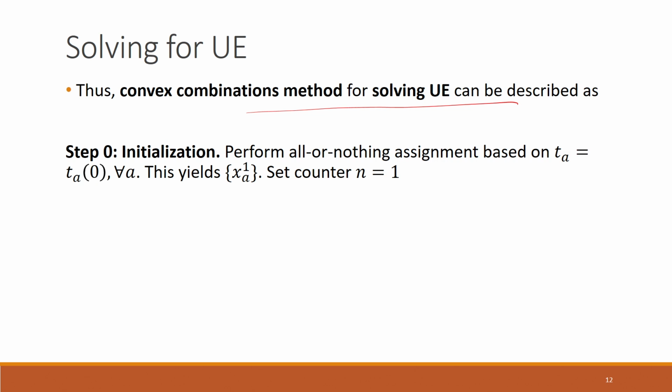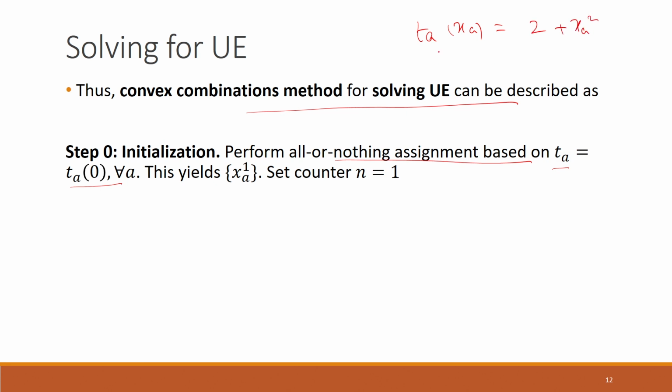what we can do is perform all or nothing assignment, assuming that the travel times on all the links are equal to the free flow travel times. So TA0 means the travel time on link A when the flow through that link is 0. If you remember, suppose TA of xa is 2 plus xa square.